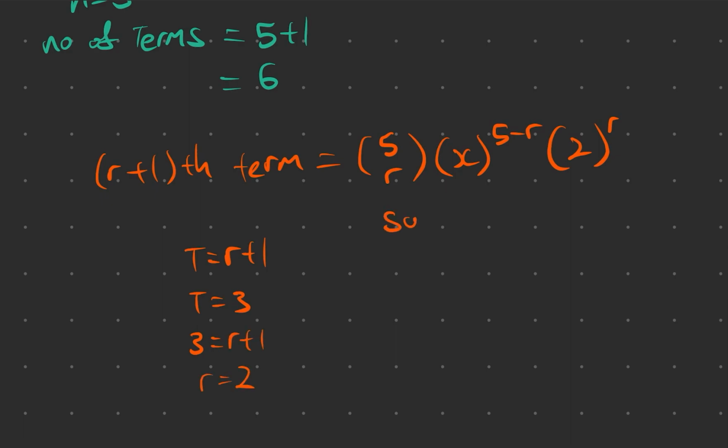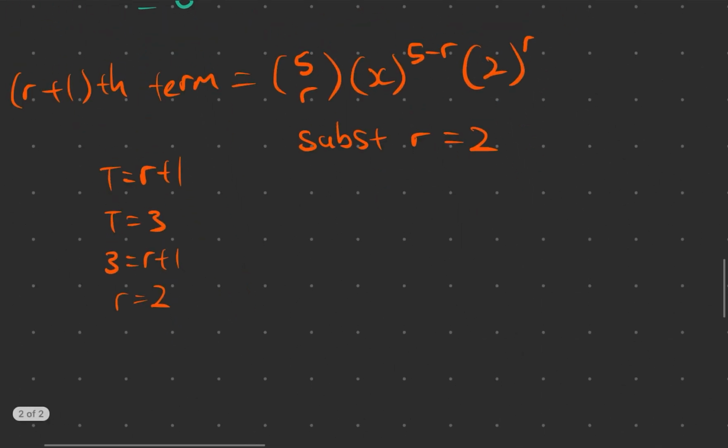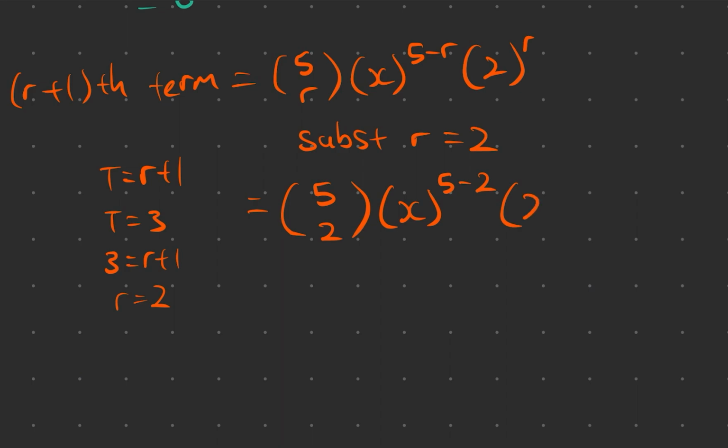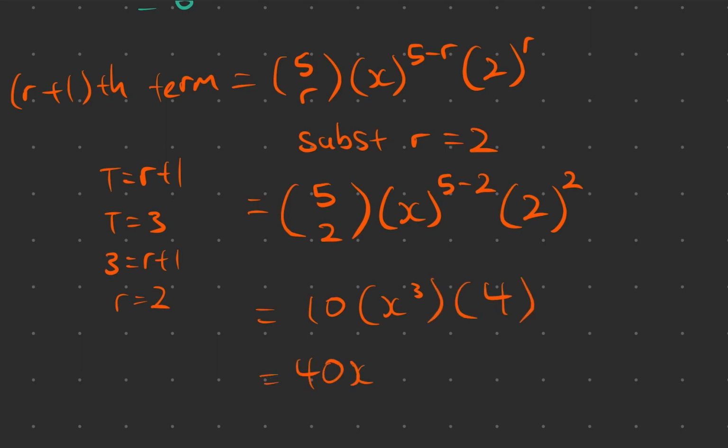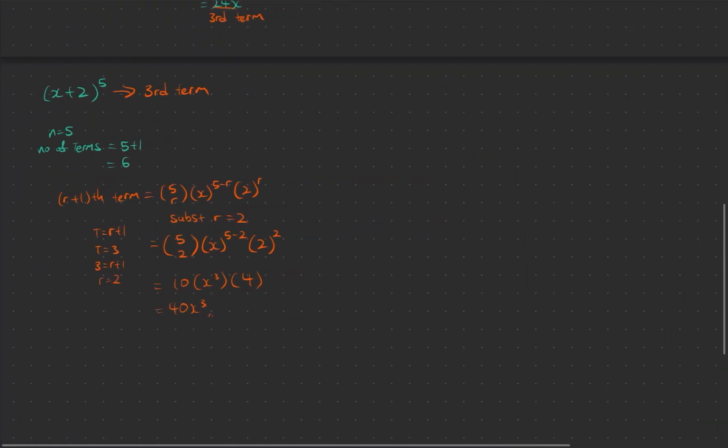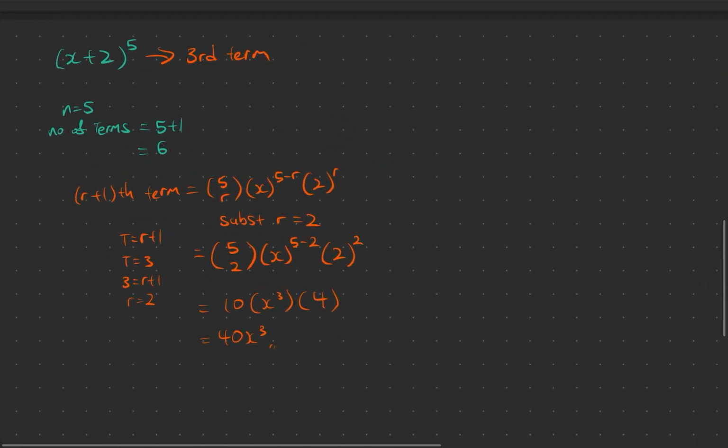So now we will just substitute r equals 2 into that expression. So 5 choose 2 times x to the power of 5 minus 2 times 2 to the power of 2. So therefore, by doing this, we will get 10 times x cubed times 4, which will give us 40x cubed. So this is my third term in this expansion.